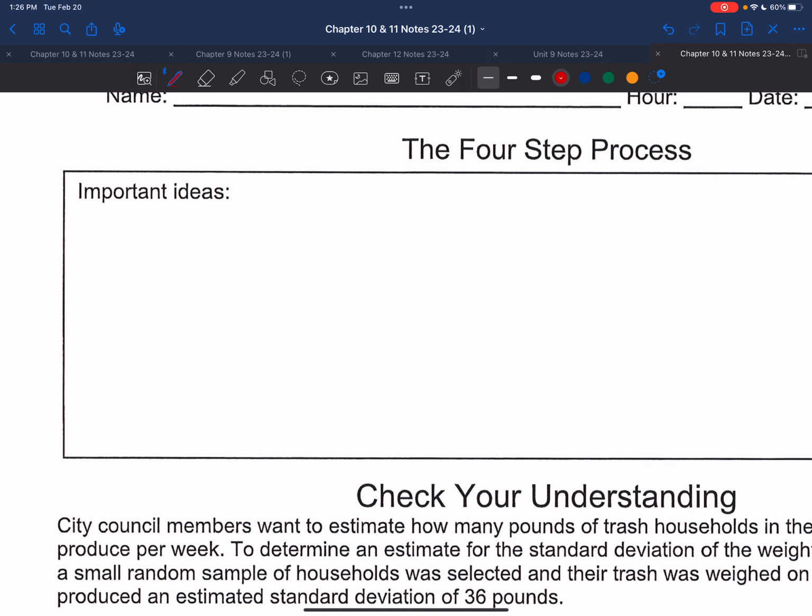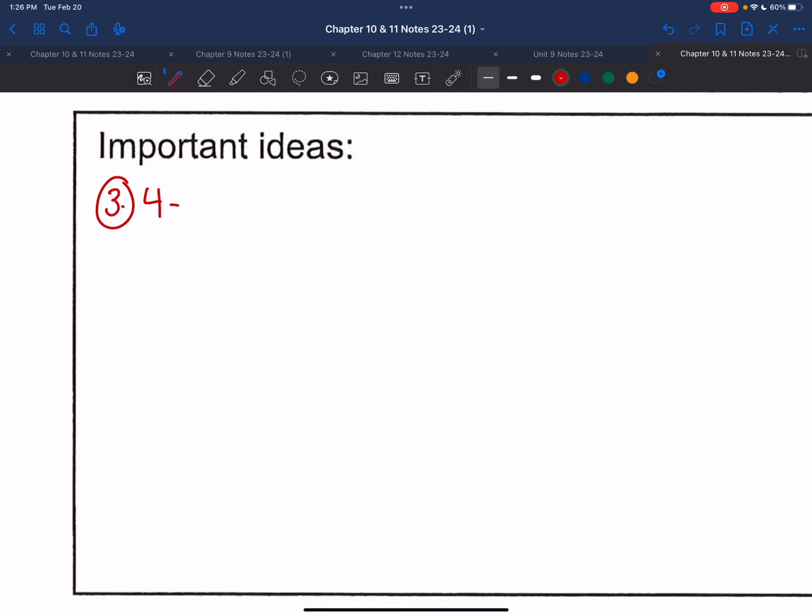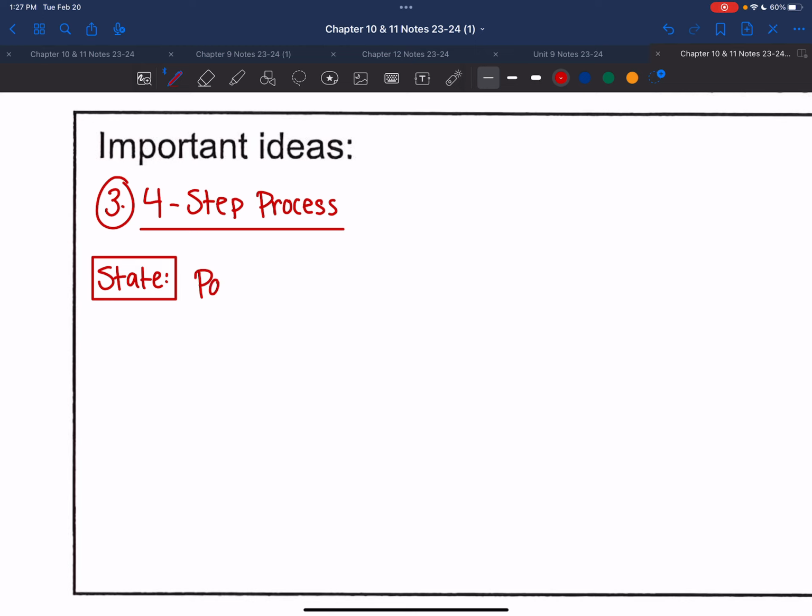And so important ideas. So this is number 3 on your bullet points. So this will be our construct and interpret. So basically our 4-step process. Okay, so in the state section, you need to tell me your parameter and your confidence level.